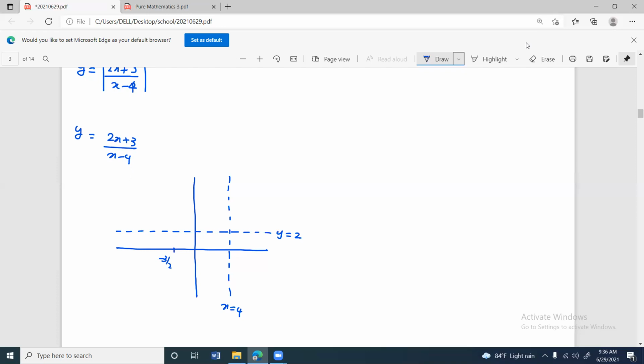Meeting the y-axis means when x equals to 0, that is minus 3 over 4. Right. So the graph is just like this. Hope you can remember how we drew this graph in our previous video. So now I'm just going to draw the modulus part of it.